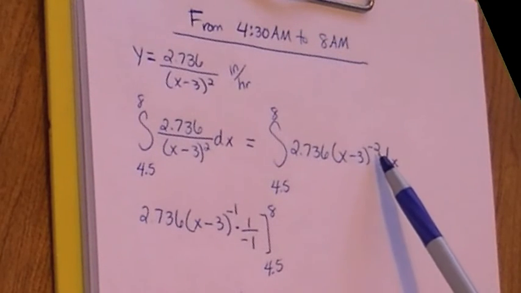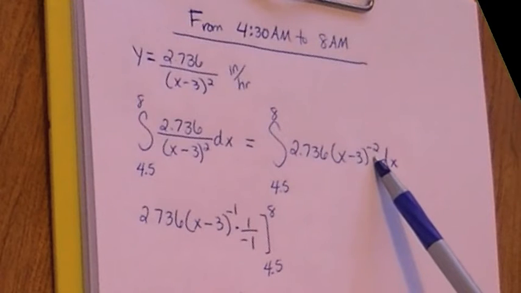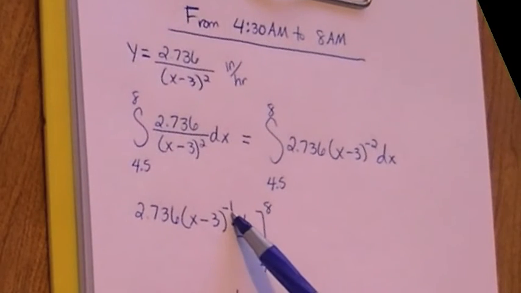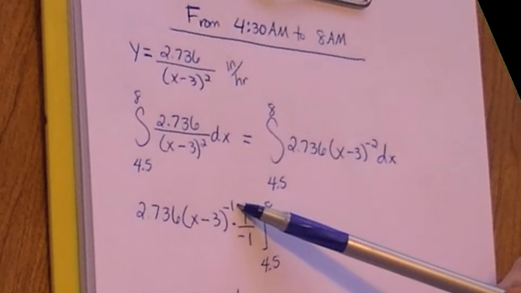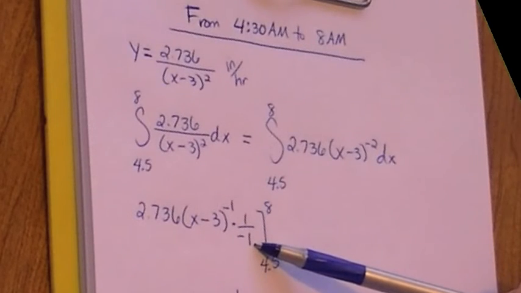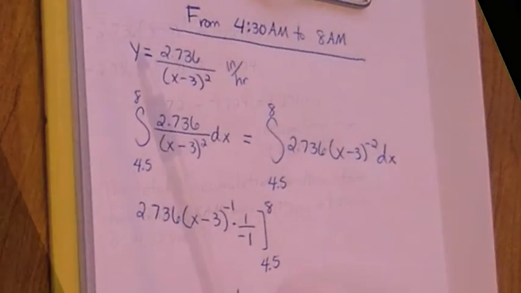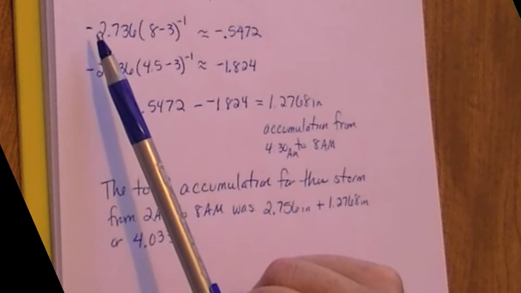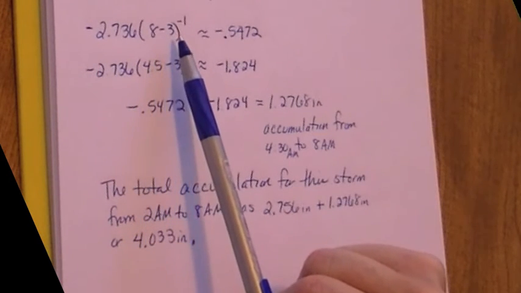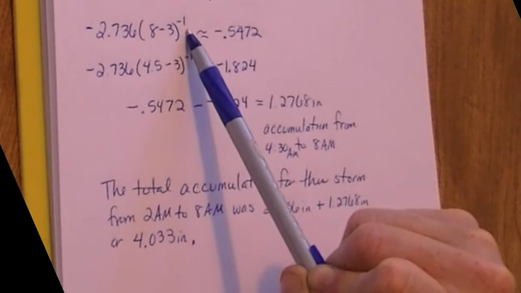So the antiderivative of a power function is you add 1 to the exponent, so negative 2 plus 1 gives us a new power of negative 1, and then you divide by that new power. So that gives us an antiderivative of negative 2.736 (x - 3) to the minus 1 power.